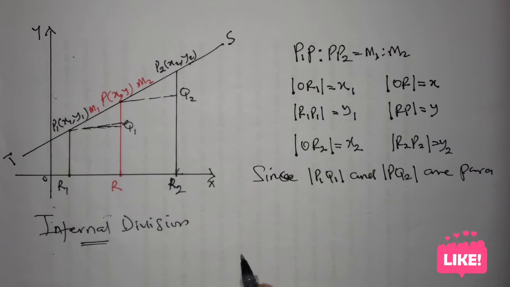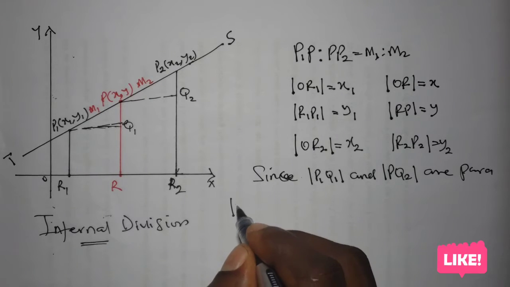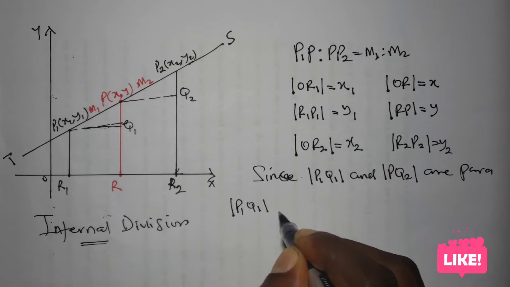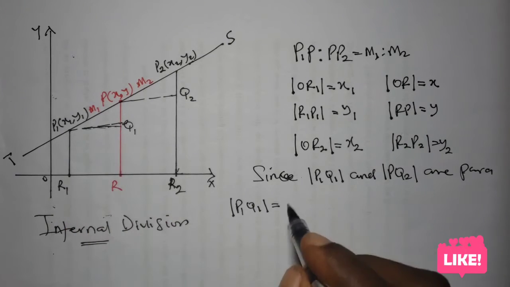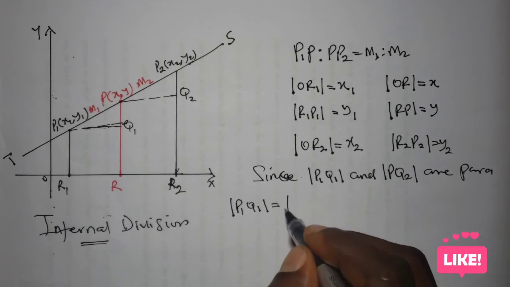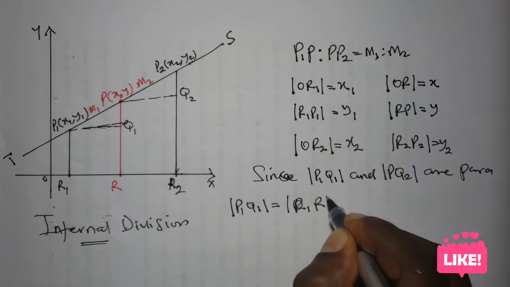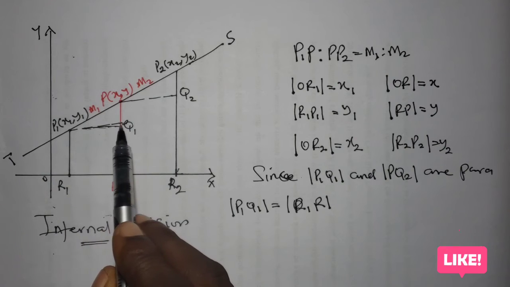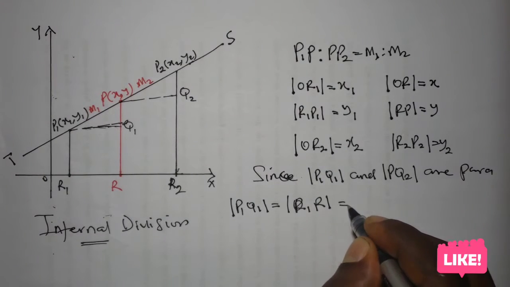Line P1Q1 is equal to line R1R, of course, since it's a rectangle.